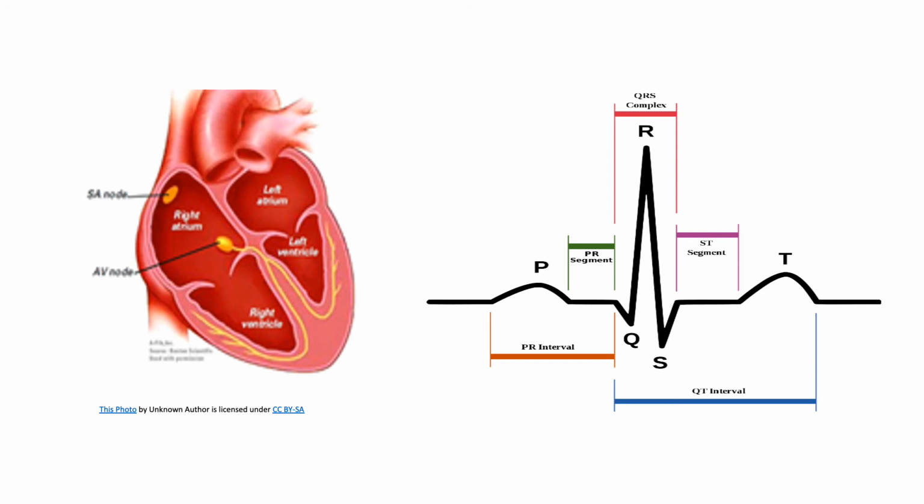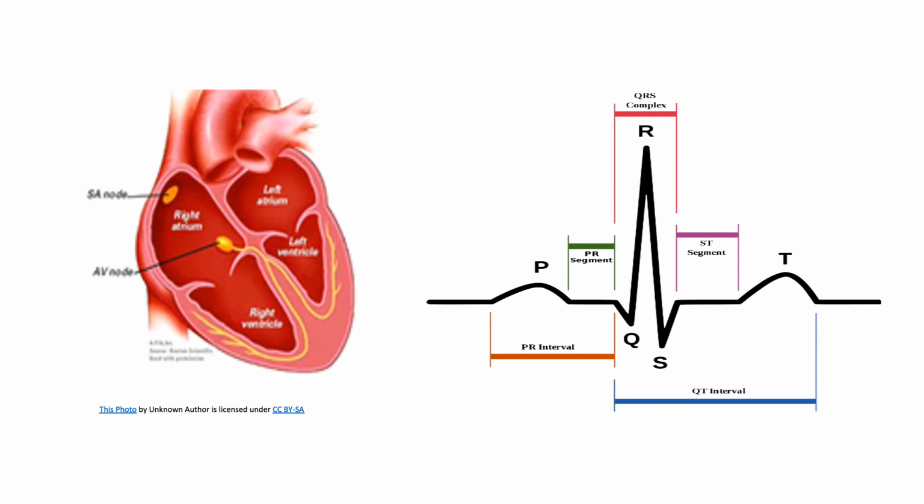The P represents the time of atrial depolarization. That means the sinoatrial node, as the primary pacemaker, started the electrical activity, and it started distributing to the two atria.